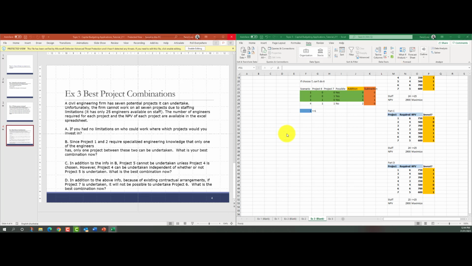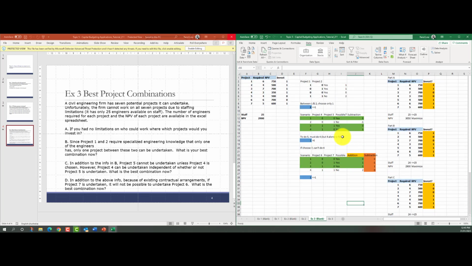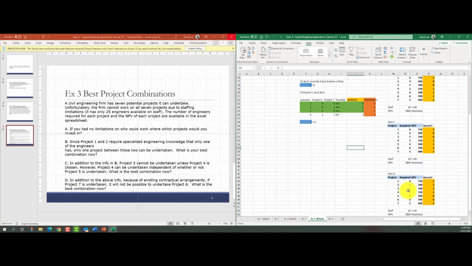So basically this is the answer I actually get, 900, 10 here. And does it satisfy the conditions? It satisfies the condition that to do 5 you must do 4. So it was 1.